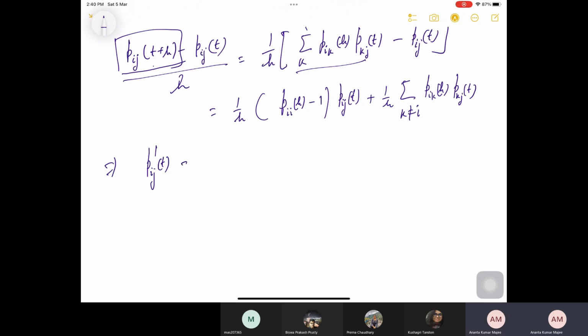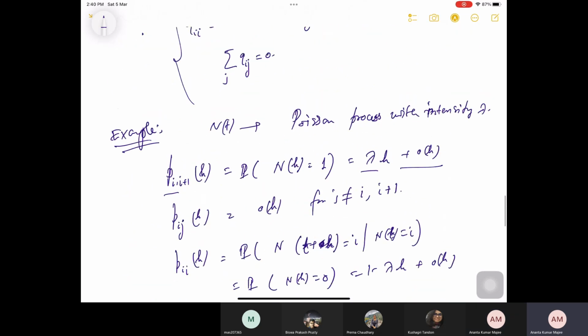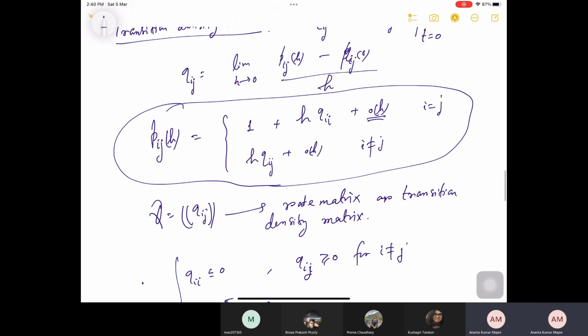Now for Pii of h minus 1 by h, if you look here, for i equal to j, Pii minus 1 by h is equal to Qii plus small o of h by h. As h goes to 0, this goes to Qii, because small o of h by h goes to 0.